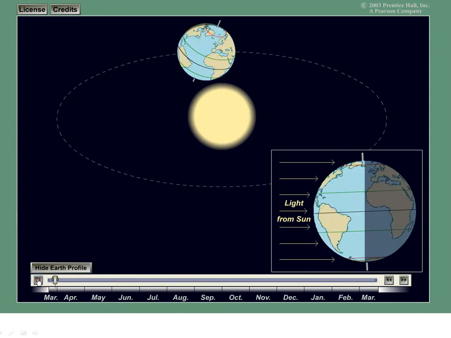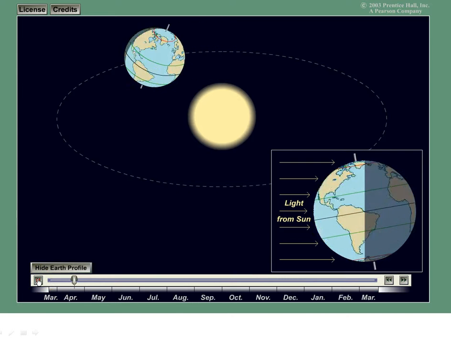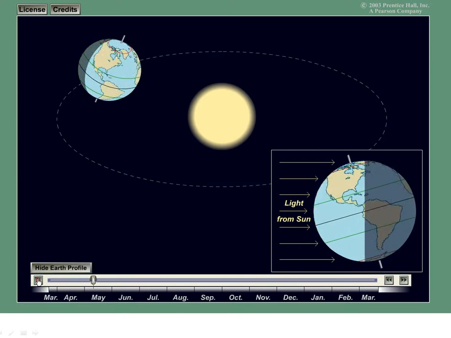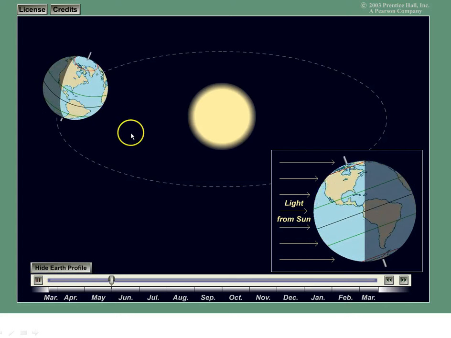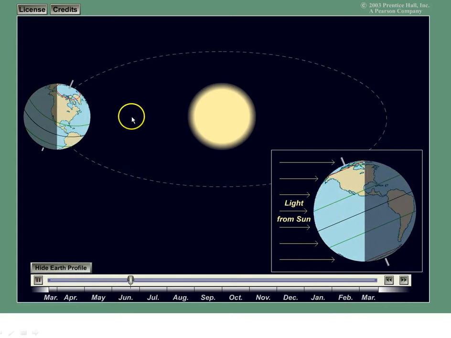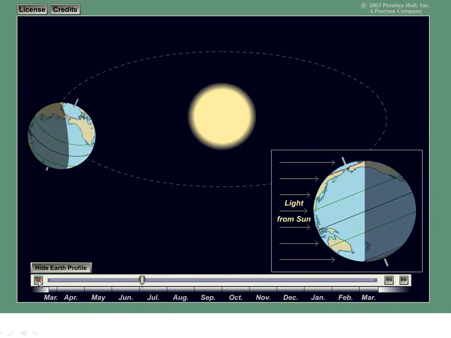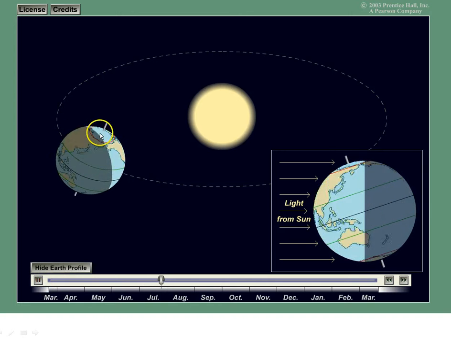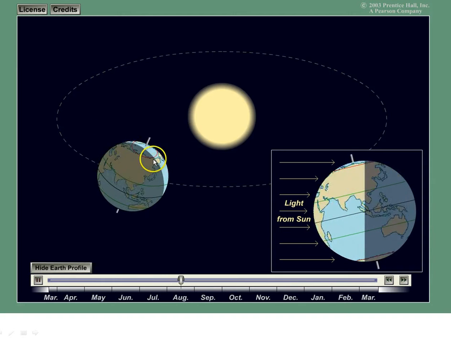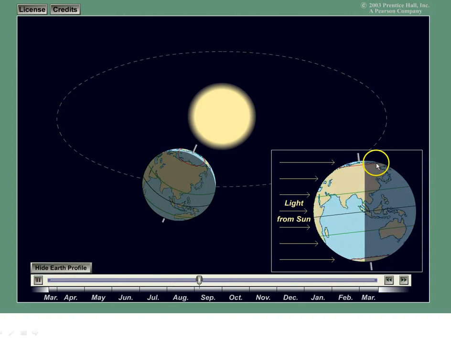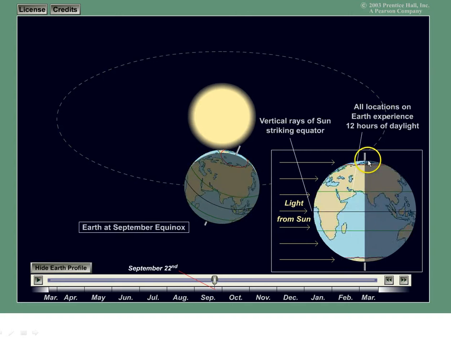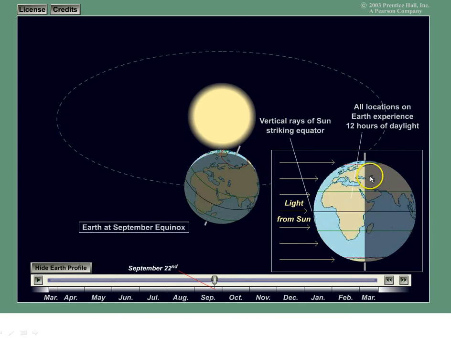Now as we move from March to June 21st, you're going to see that the days are going to get longer and longer, till finally we have much longer than 12 hours of daylight, and you can see the North Pole has 24 hours of daylight. Then as it moves towards September, the days start to get shorter, with less daylight, until eventually the North Pole has 12 hours of daylight and 12 hours of night.